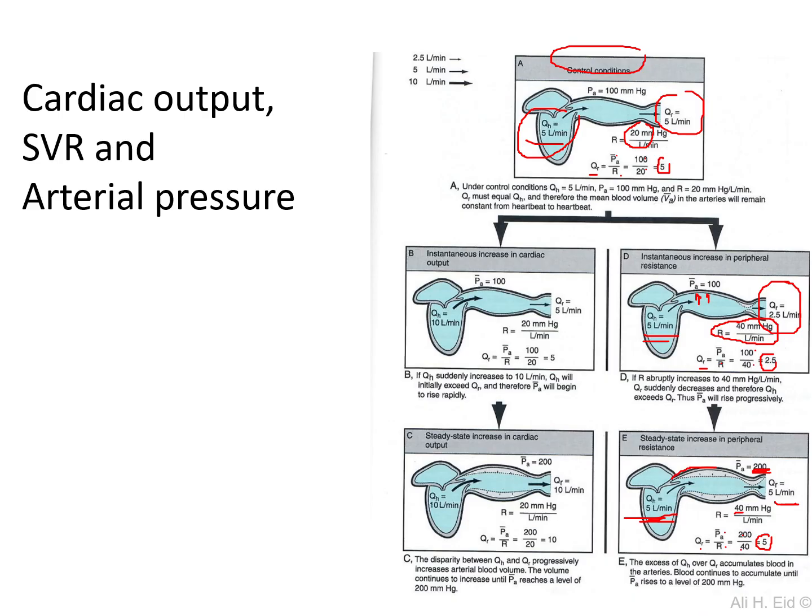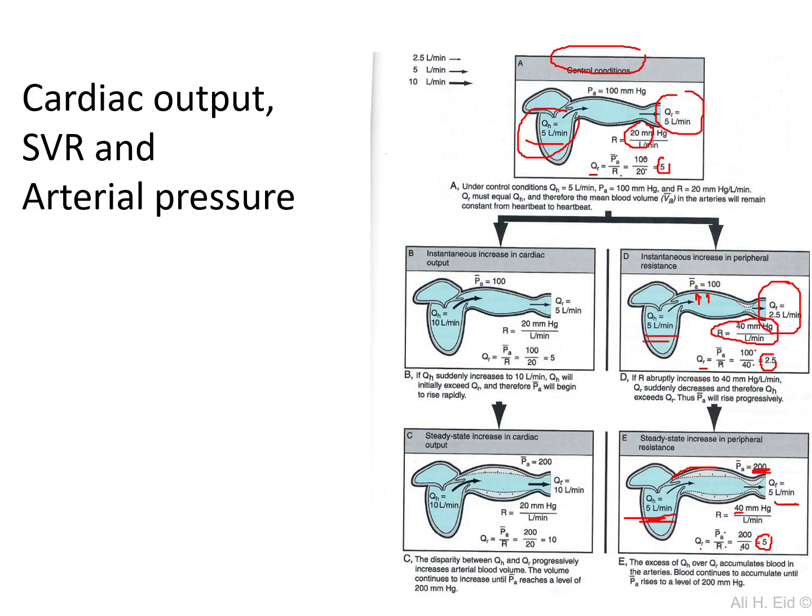So the PA will remain at this new elevated level of 200 as long as QH and R do not change. It is evident from what I just explained that the level of the mean arterial pressure depends on the cardiac output and the peripheral resistance, right?